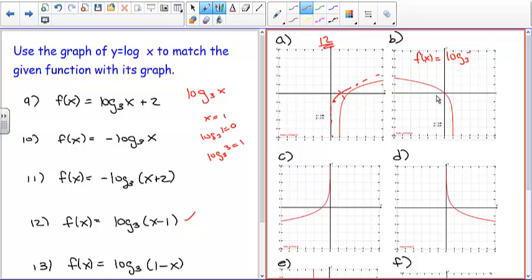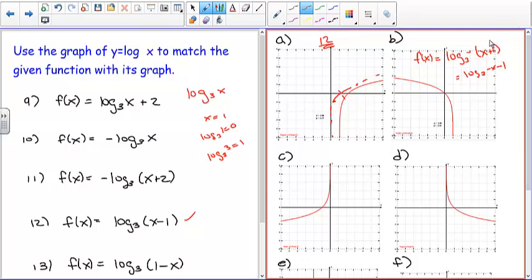Since it's flipped, you have the negative sign, and then you have the translation inside the parentheses, and it's translated -1, so we're going to add 1 here. So we might see this form of the equation, or we might see -x minus 1.